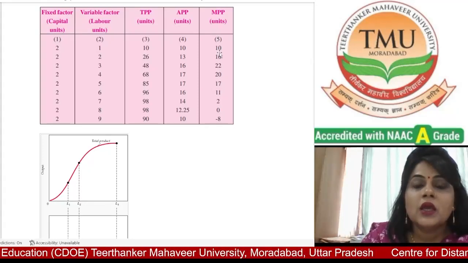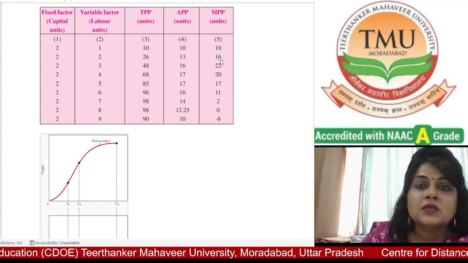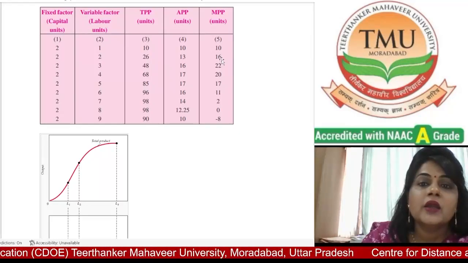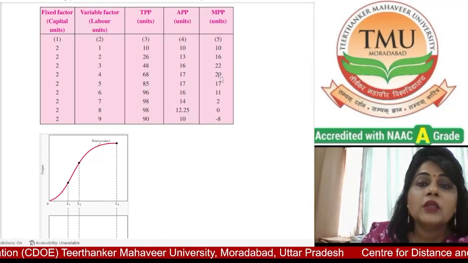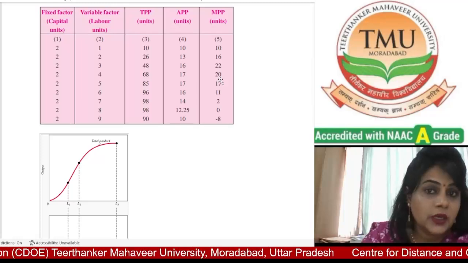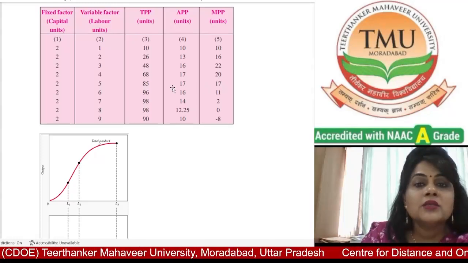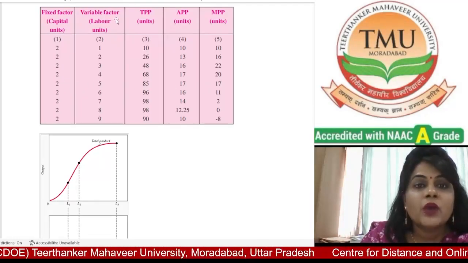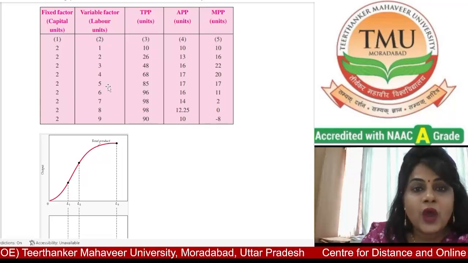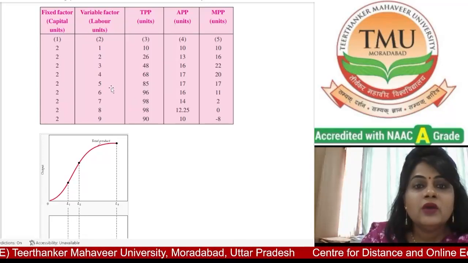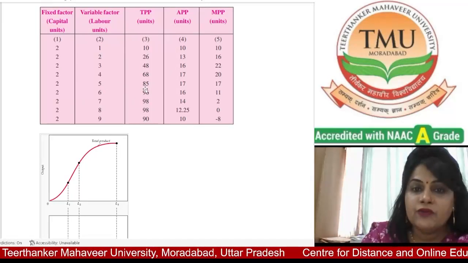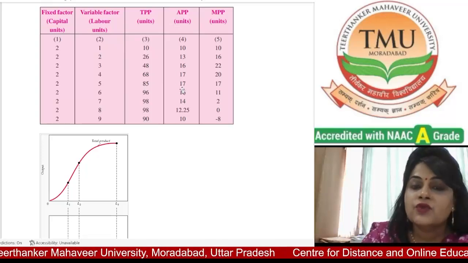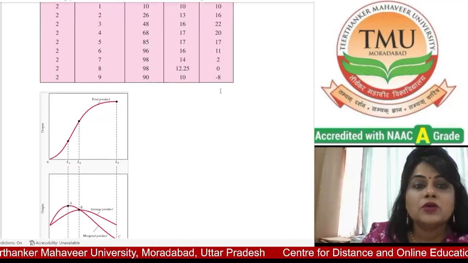You see here MPP increased by 6, and then it increased by 6 again. Now it increases only by 2. Now it is a point where the variable factor is 5. When using 5, TPP is 85 and AP is 17 and MPP is also 17.